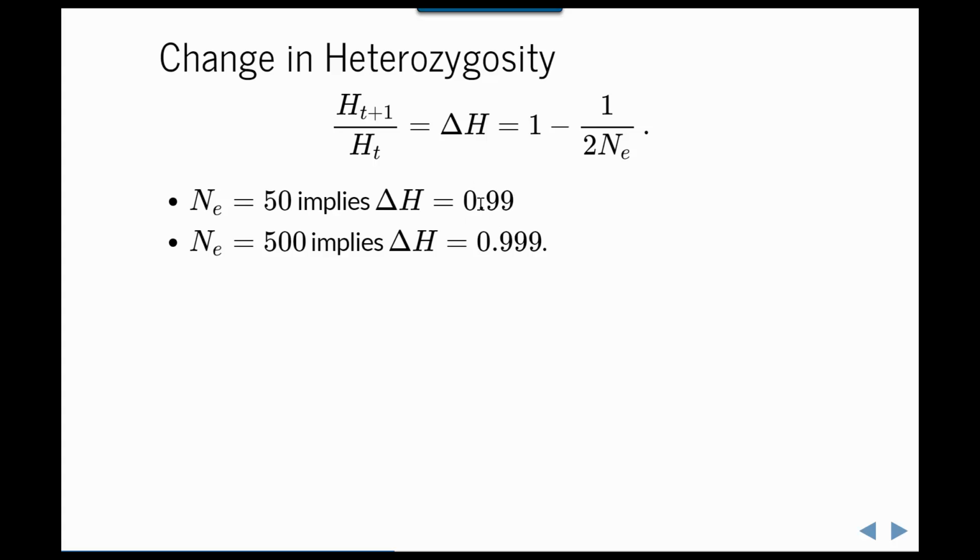That is, you lose 1% of your heterozygosity per generation. 500 implies delta H is 0.999, so you're losing 0.1% per generation in heterozygosity. So that's a very slow loss rate. So that's where the rules for 50 and 500 come from in terms of the effective population size.